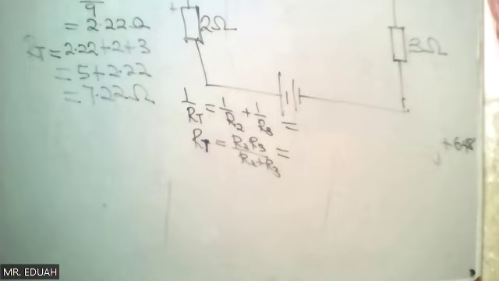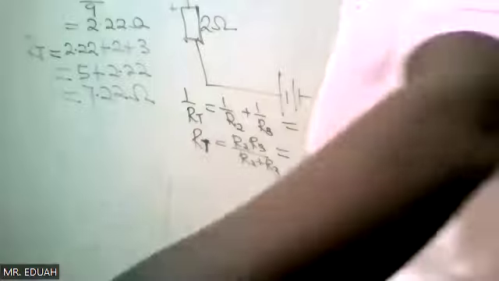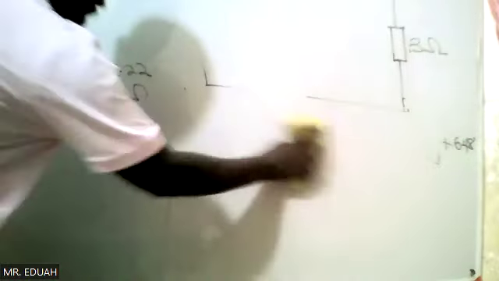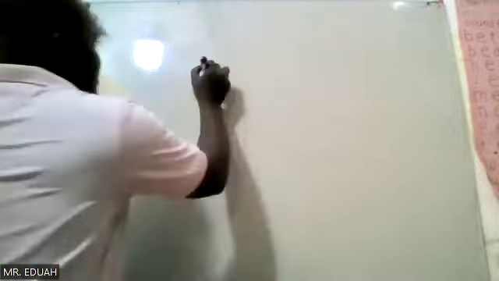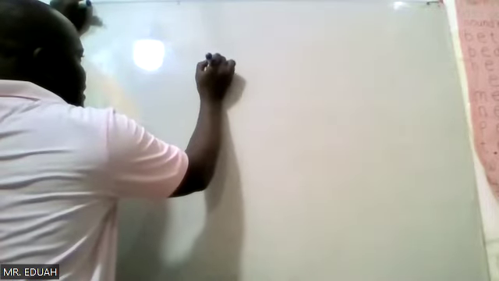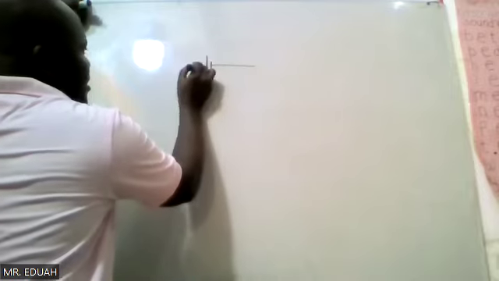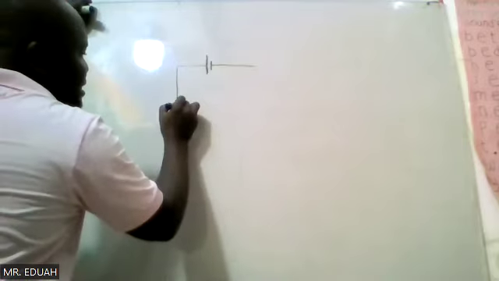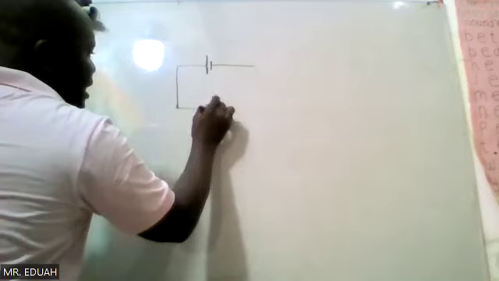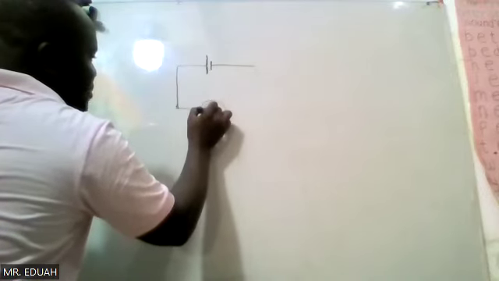So, EMF of a cell, lost volts. In the laboratory, if you have to find the EMF of a battery, you have the battery, then you connect wires, and then connect the voltmeter across the battery.